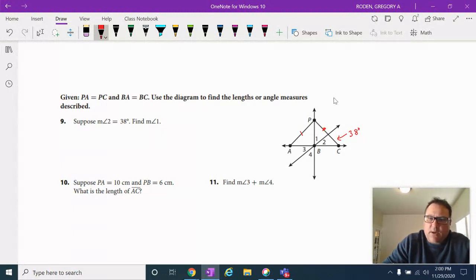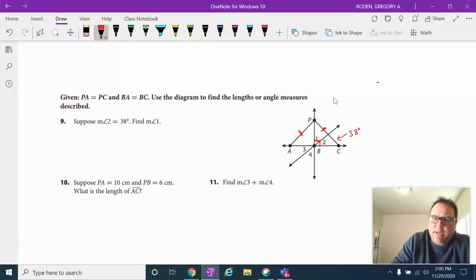That's the converse of the perpendicular bisector theorem, which means we can say that this angle formed by angle 1 and 2 is 90 degrees, since we know it's a perpendicular bisector.